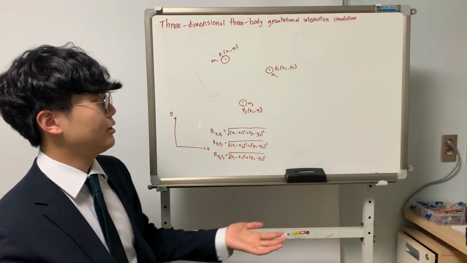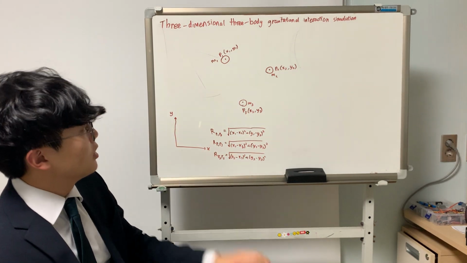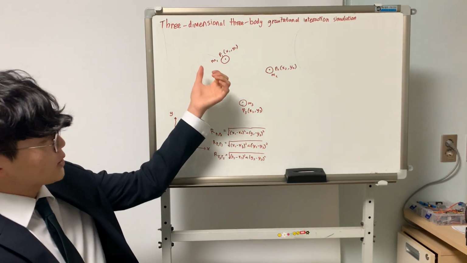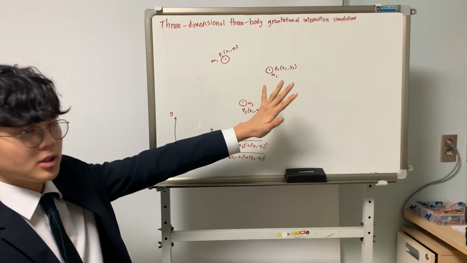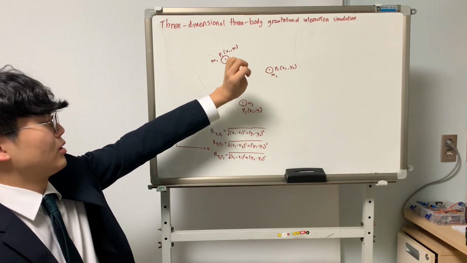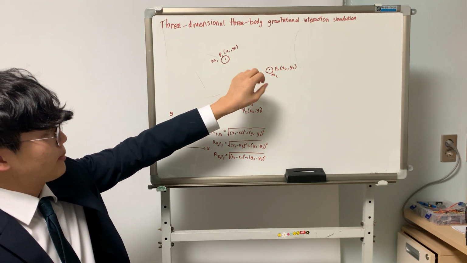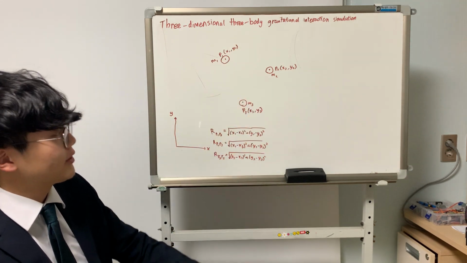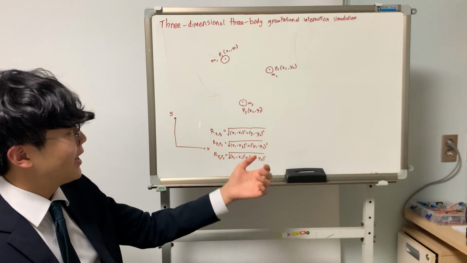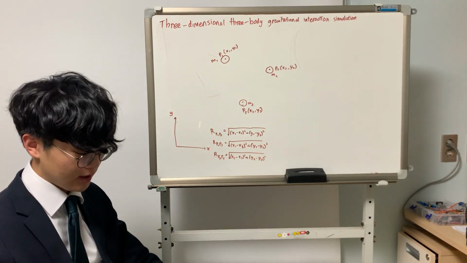Now, how do we show the interactions that go on between, for now, mass 1 and the other objects? Well, there are two forces acting on m1, which is the gravitational pull: the force of gravitation between m1 and m2, and the force of gravitation between m1 and m3.